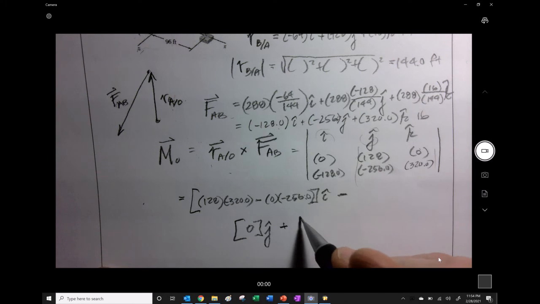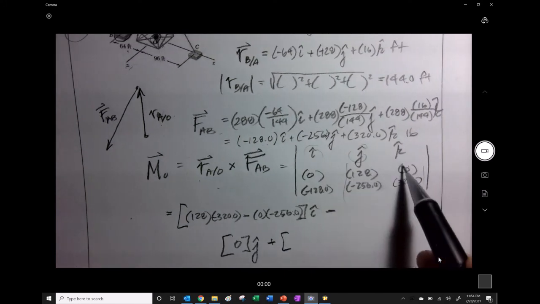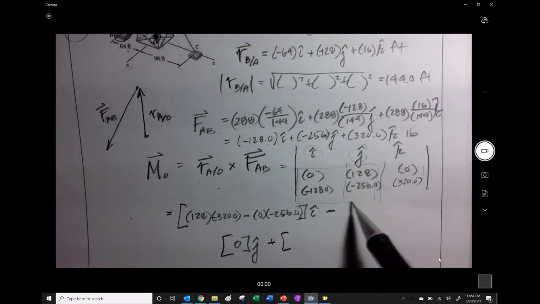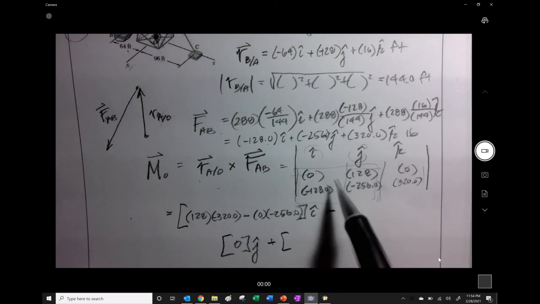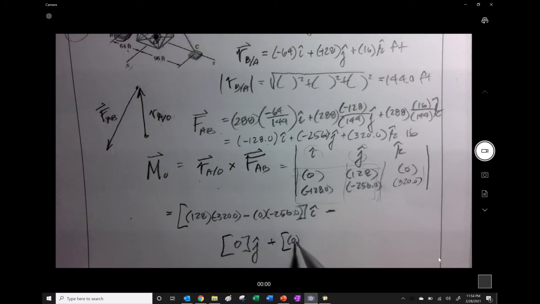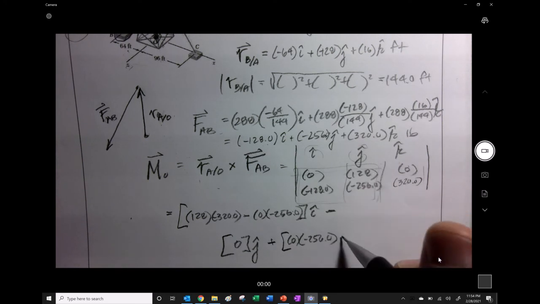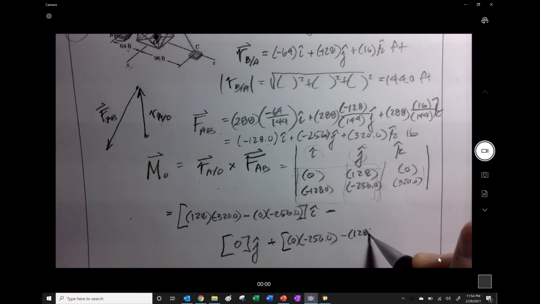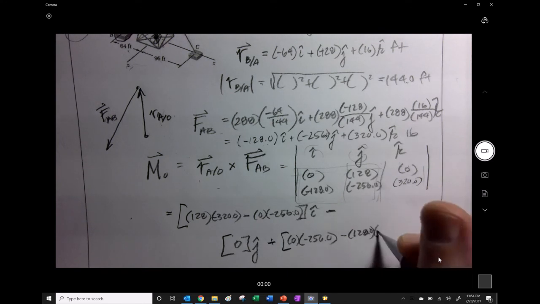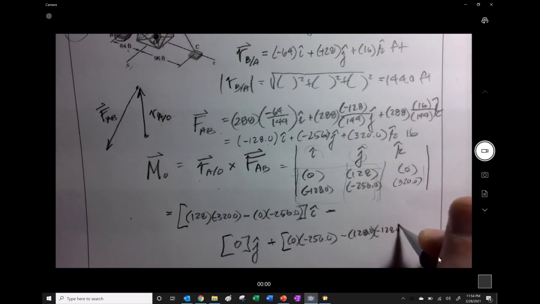Makes sense, huh? And then lastly, we're going to do this little downwards corner right here, times the K. So we got 0 times the negative 256. But now we're going to go minus 128 and minus 128. So minus times that.